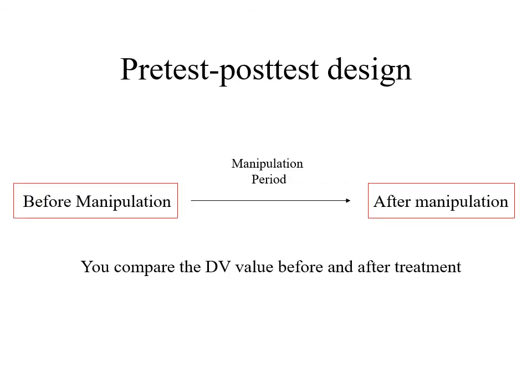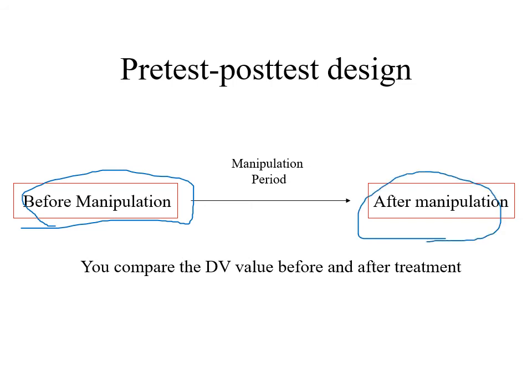So you have before manipulation and after manipulation, and the manipulation period in between, in which you gave some sort of manipulation. Then you compare the dependent variable value before and after the treatment.